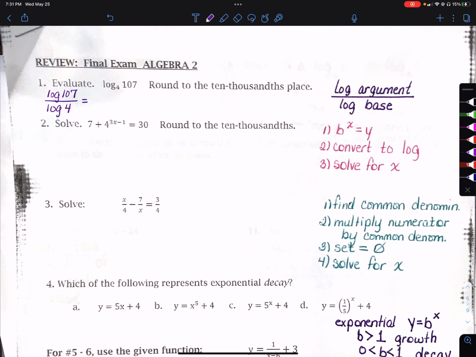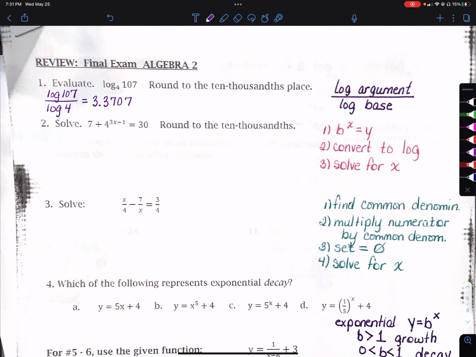We are also rounding to the 10,000ths place, so that is 4 places after the decimal. So when we get our answer, again, you should be plugging this into your calculator just to make sure that you get this correctly. This one here is 3.3707, or 3 and 3,707 10,000ths. Okay, so again, make sure that it is 4 places after the decimal.